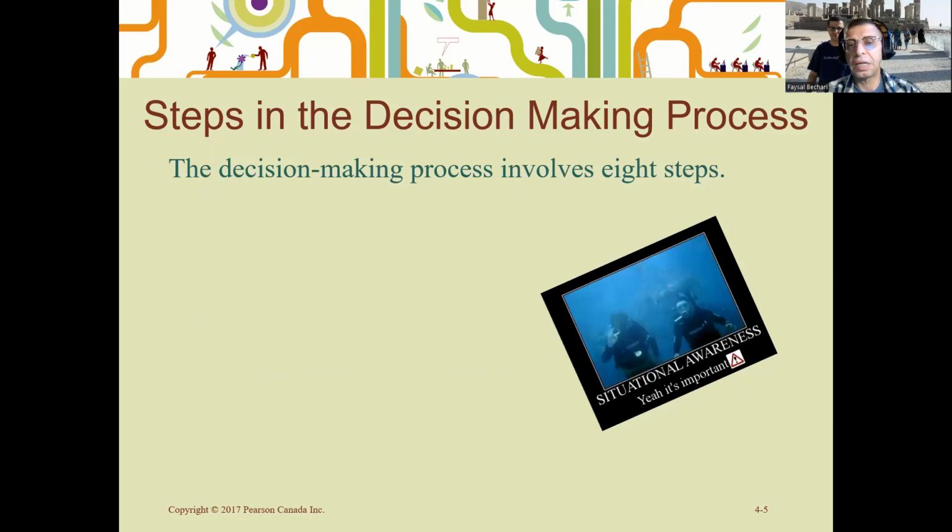Steps in the decision-making process. The decision-making process involves 8 steps. The first step starts with identifying a problem or opportunity. Then identify decision criteria. So what things will help you to make these decisions?